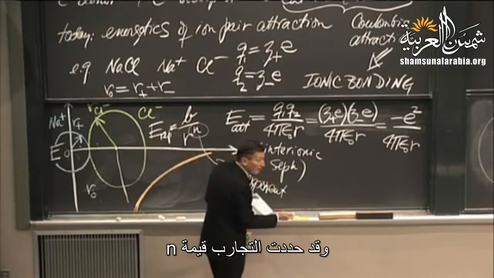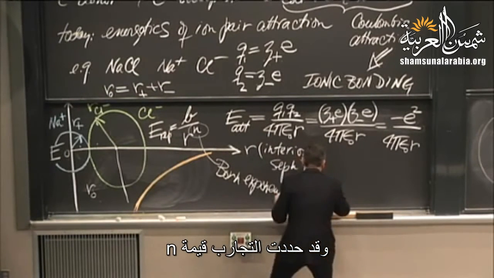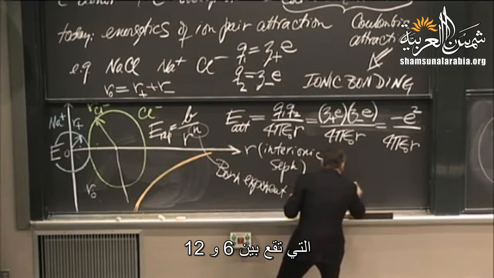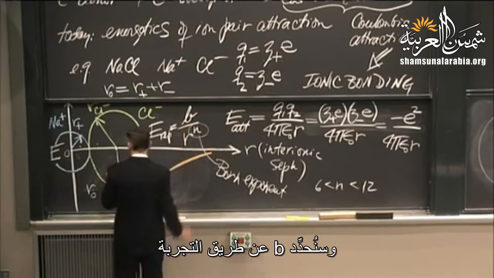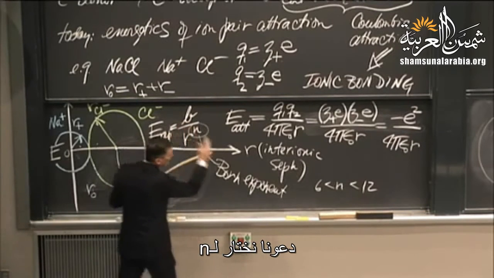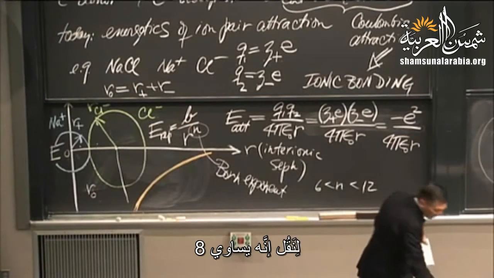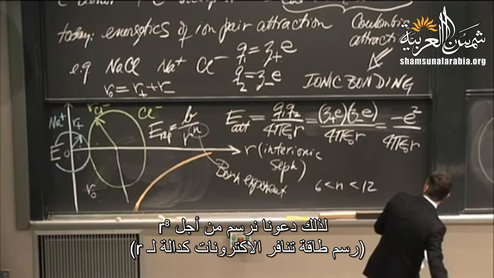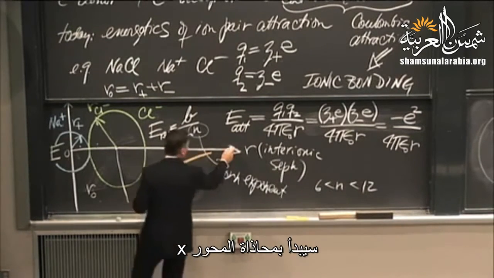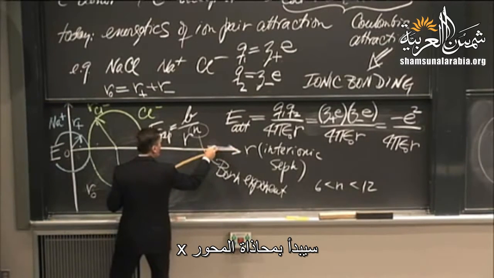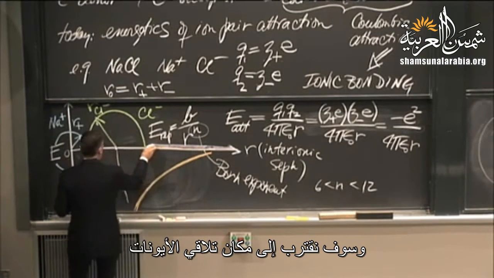And you have to determine it by experiment, and the value lies between 6 and 12. And we have to determine B by experiment. So let's pick a number in the middle. Say it's 8. So let's plot R to the 8th. That's going to hug the abscissa, and it's going to come in really, really close.